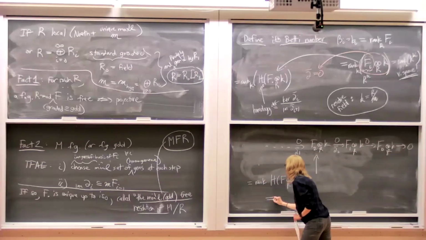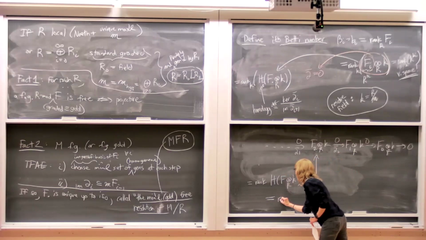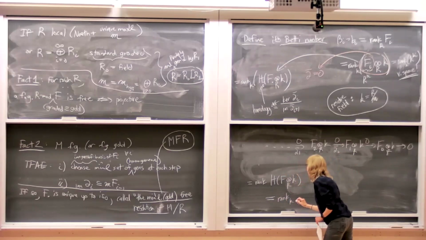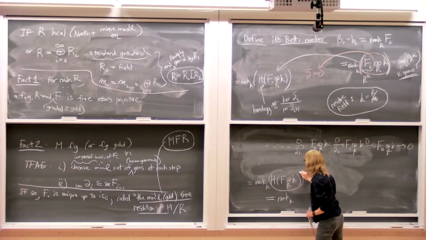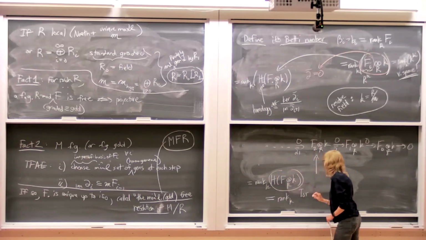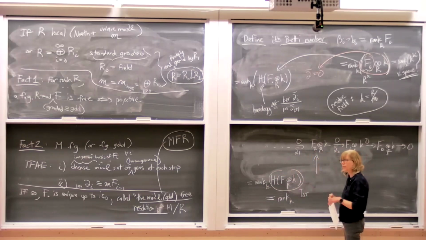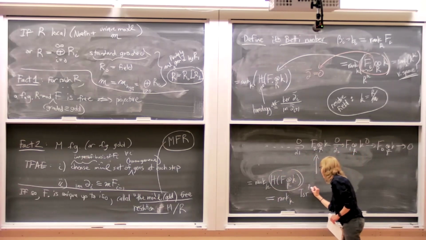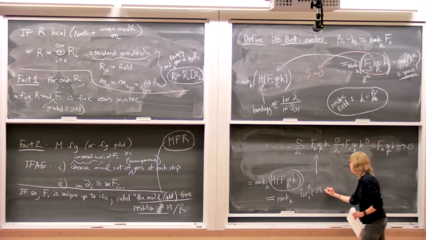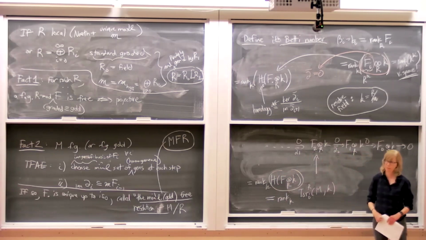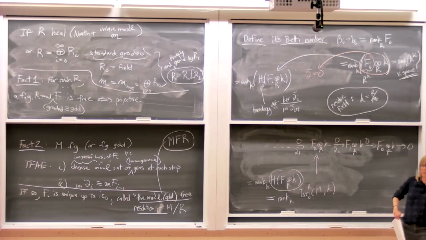And those of you who have seen homological algebra know that this homology module has a name called Tor. So it's the derived functor of torsion in some sense. It's the Tor over the ring R, the Tor of the module M that you resolve and the module K. So if you haven't seen that, don't worry about it, but someday you'll see Tor and you'll know what this is.